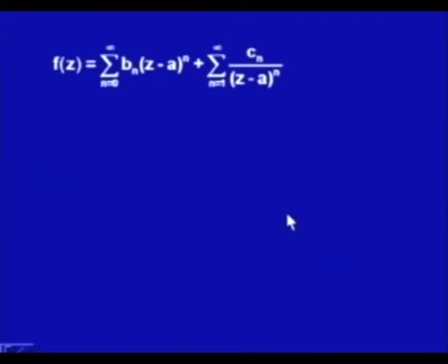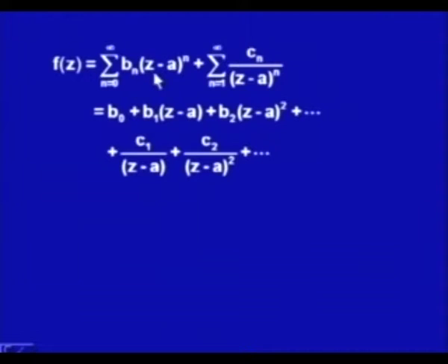Then f z can be represented as the sum of these two series. The first series is in powers of z minus a, where n is positive, while the second series is in powers of z minus a, n being negative. In the first series n varies from 0 to infinity, while in the second series n varies from 1 to infinity.